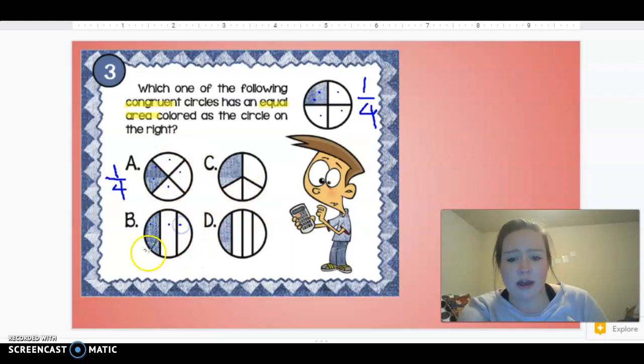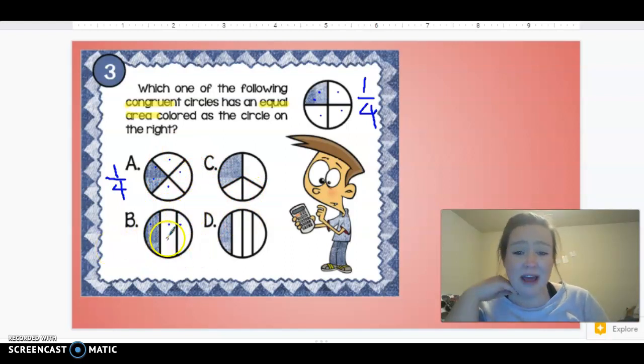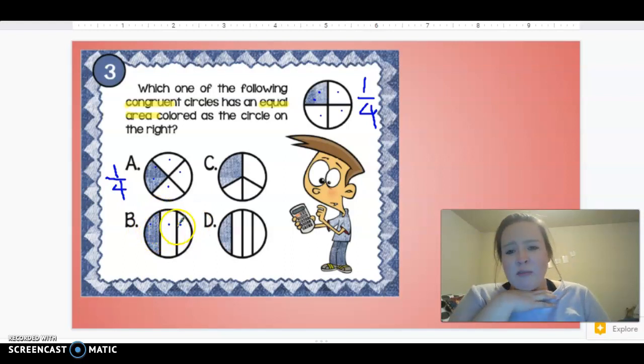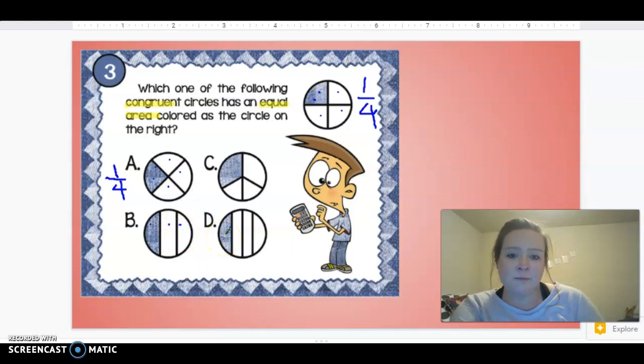1, 2, 3. That's only 3 pieces, but also let's look at this. Are letter B's pieces, the pieces that my circle is divided into, equivalent pieces? Good. They are not equivalent, so that cannot be your answer. Letter C, 1, 2, 3, 4.